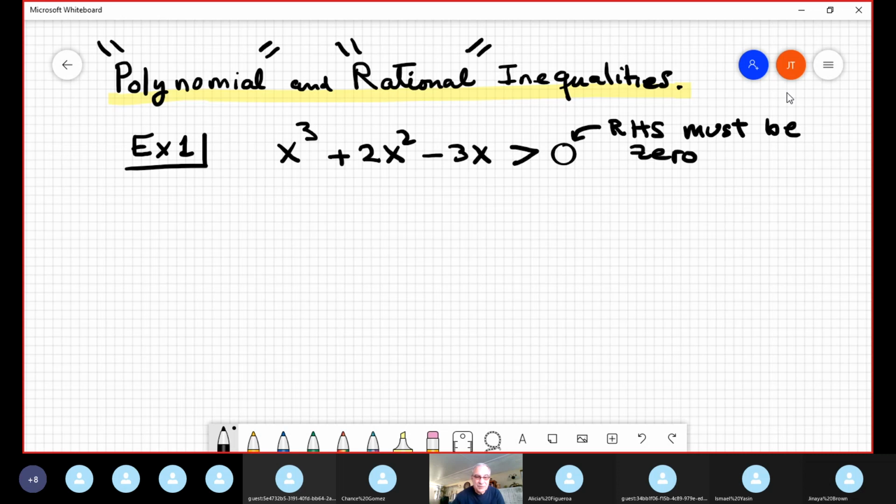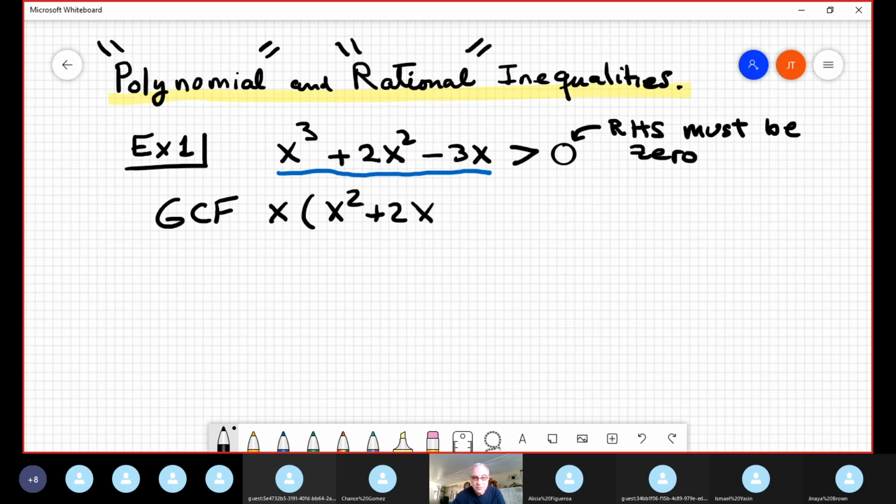Now, after that, you focus your attention on the polynomial in the left-hand side, and factorization. You can see, for example, is there a common factor? GCF? Of course, yes, x. So x times x squared plus 2x minus 3, greater than 0. Now, wow, I see a trinomial.